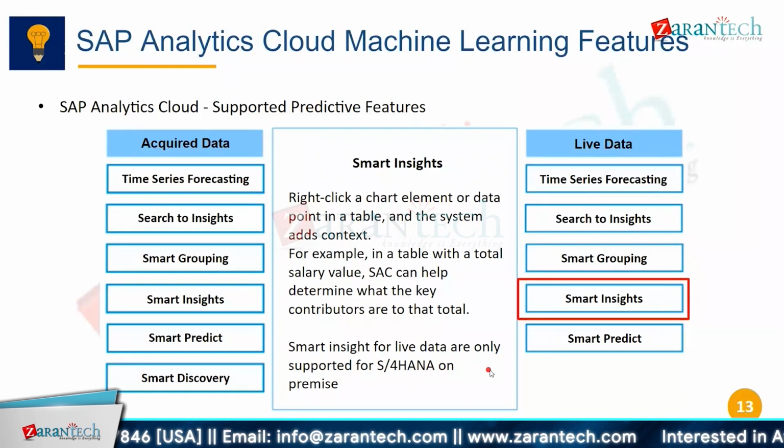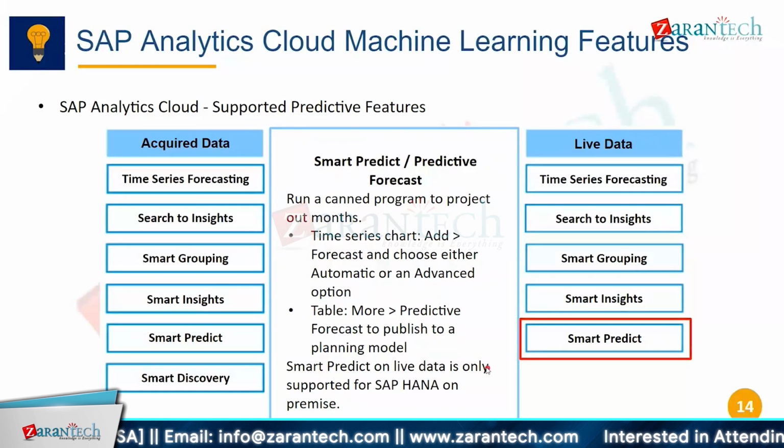It is not available for BW or any other data source. Same thing, smart predict is available only for HANA as of now. If you have HANA as a database with live data, then we can do smart predict. Other than that, if you have any other databases, we don't have any options now. However, if you have imported the data set into the SAC, then it supports the acquired models.